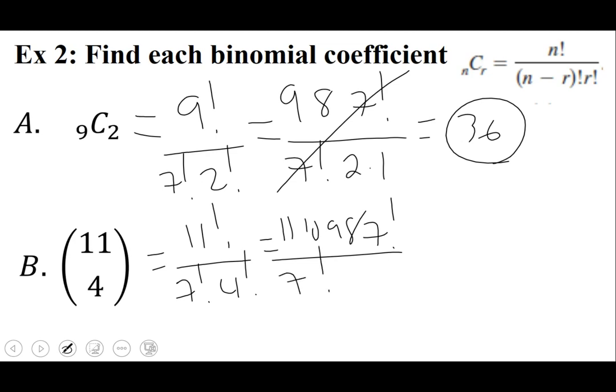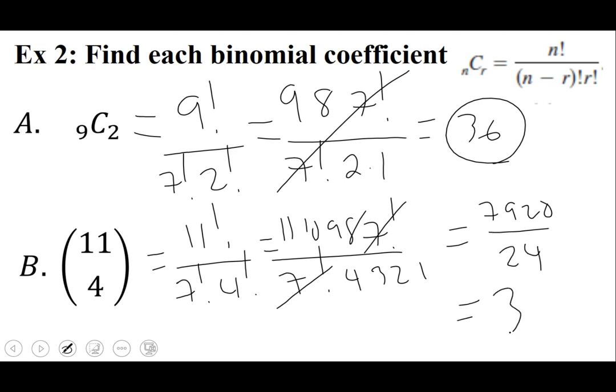That would cancel with the 7 factorial on the bottom, leaving you with 4 factorial, 4 times 3 times 2 times 1. If you multiply 11 times 10 times 9 times 8, that is going to give you 7920. If you multiply the numbers on the bottom, that's going to give you 24. And if you simplify, that is going to give you a final coefficient of 330.